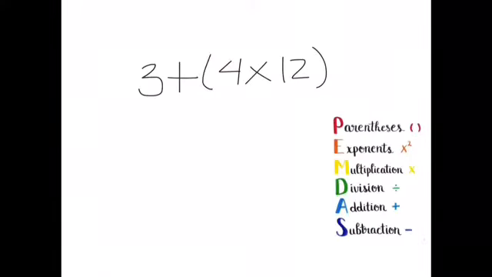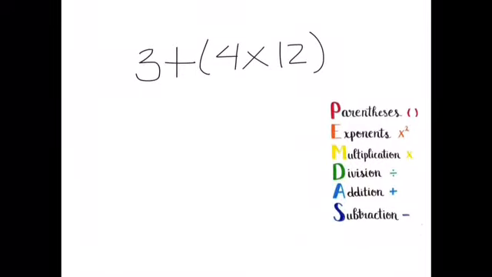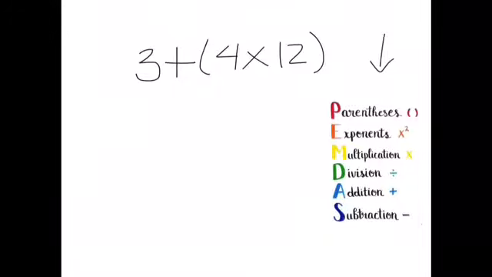So for example, if I wanted to solve this problem, I would first look at what I need to do first. Looking at my Please Excuse My Dear Aunt Sally, I can see that I don't have any parentheses, so I can skip that. I don't have any exponents. Aha, I do have some multiplication, so I need to do the multiplication first. So I need to think in my head, 4 times 12.